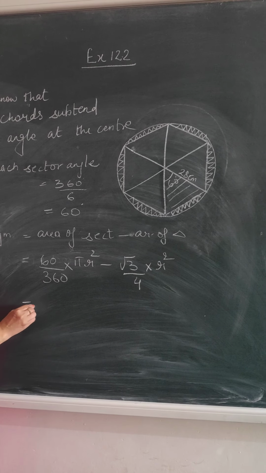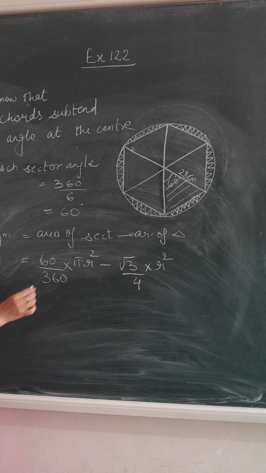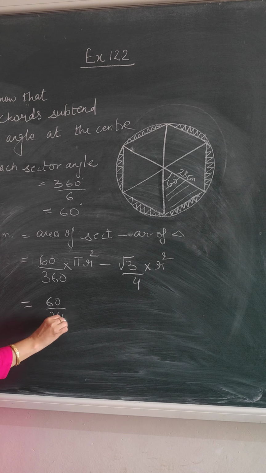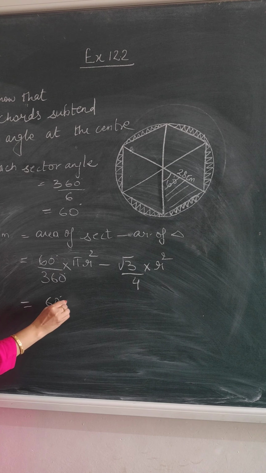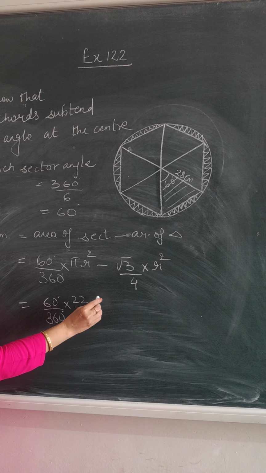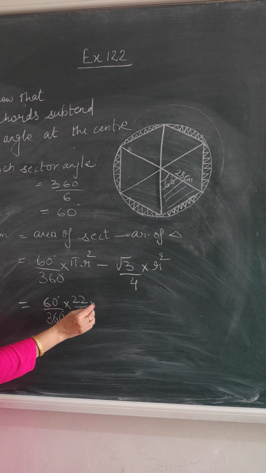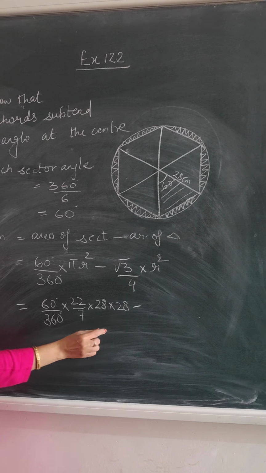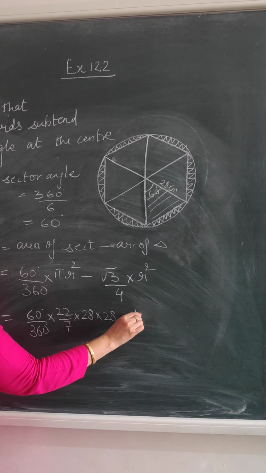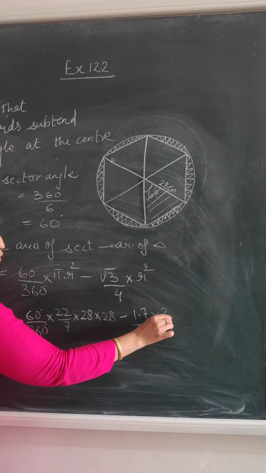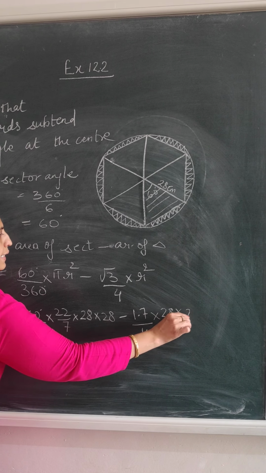Now this is equal to 60 by 360 into 22/7 into the radius given here is 28 into 28 minus root 3 की value it is given in the book as 1.7. So by 4 into 28 into 28.